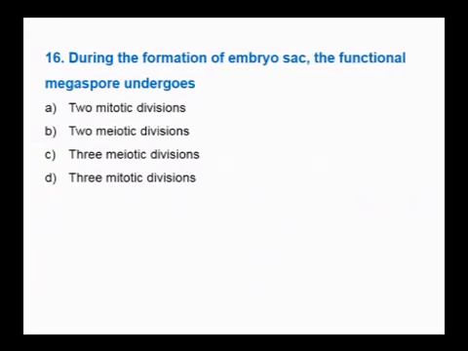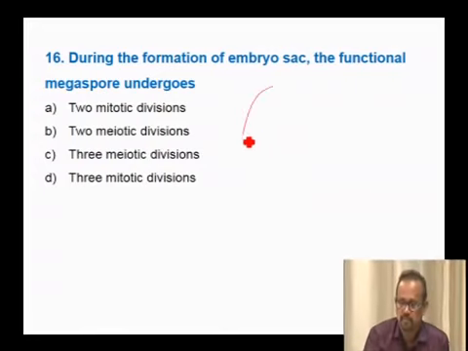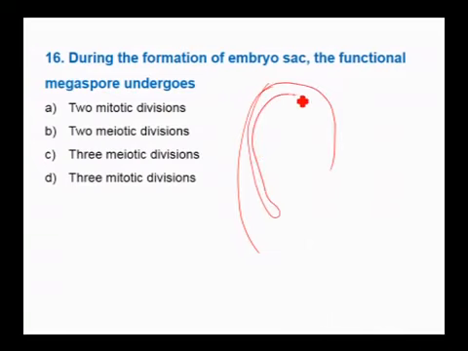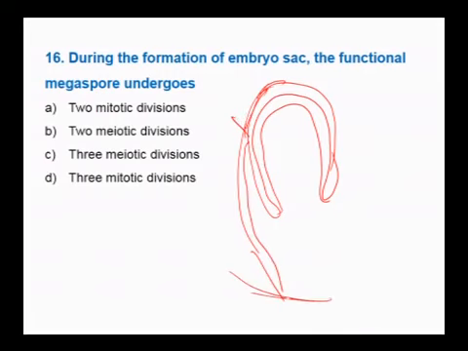In the formation of embryo sac, the functional megaspore undergoes... So, this is the megasporangium with the outer integument and inner integument. This is chalaza, micropyle, hilum, the funicle attached to the placenta. And here you have nucellus.